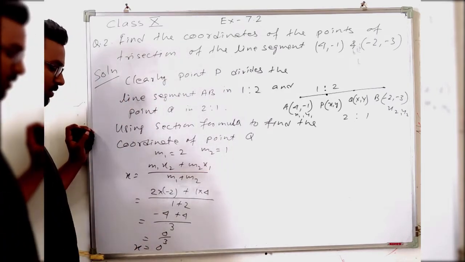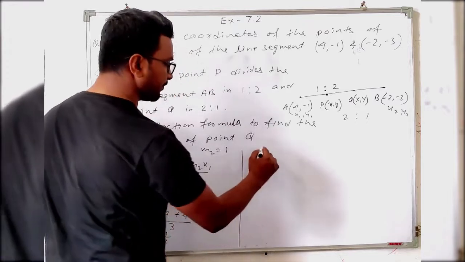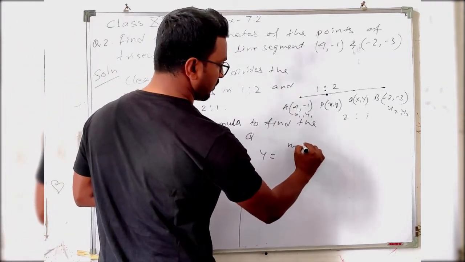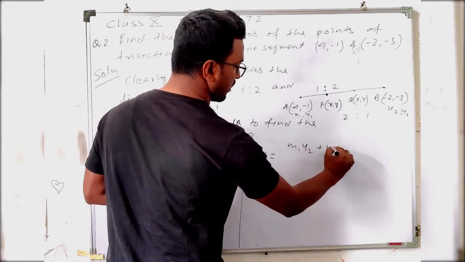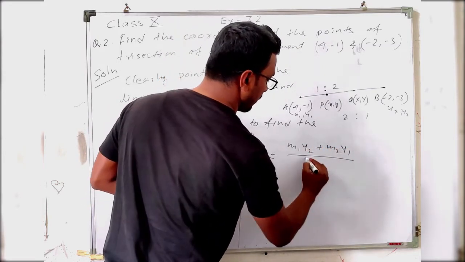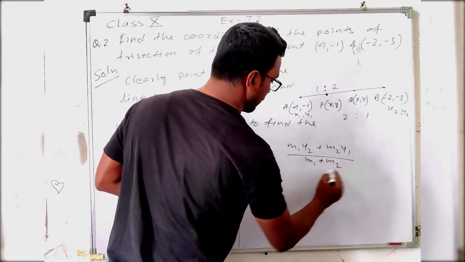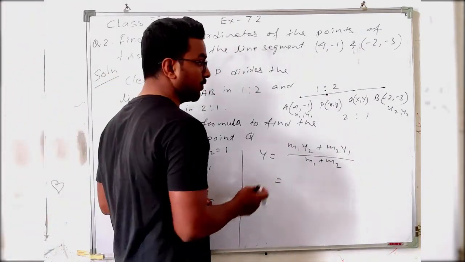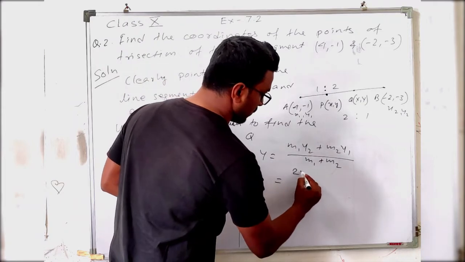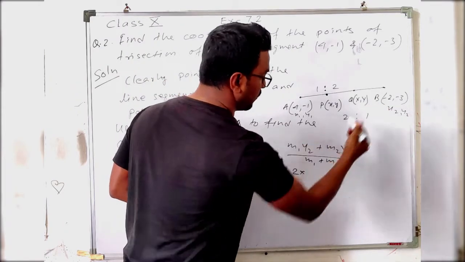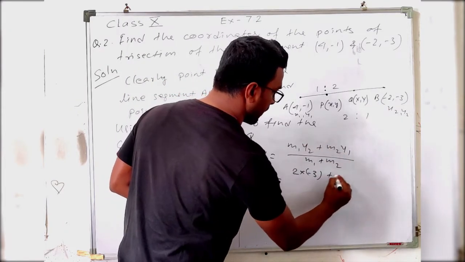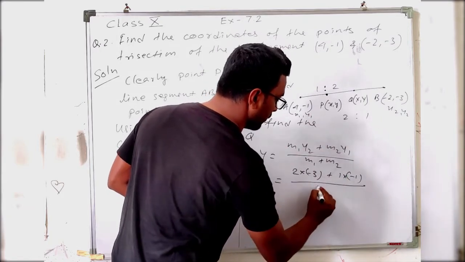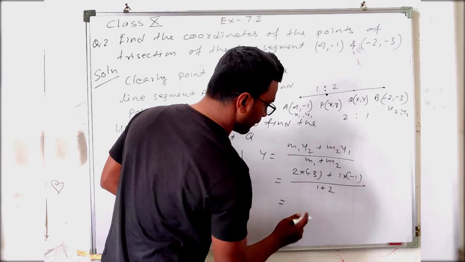X is 0. And for y, m1 y2 plus m2 y1 over m1 plus m2. Okay, so we'll replace the values. So m1 is 2 into y2 is minus 3 plus 1 into y1 is minus 1 divided by 2 plus 1.